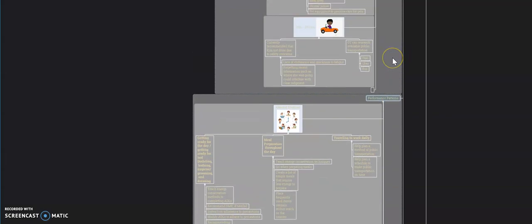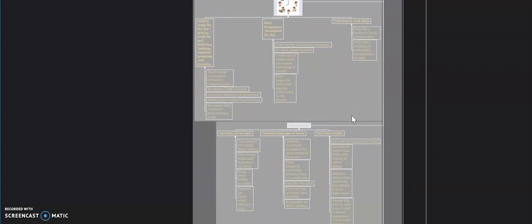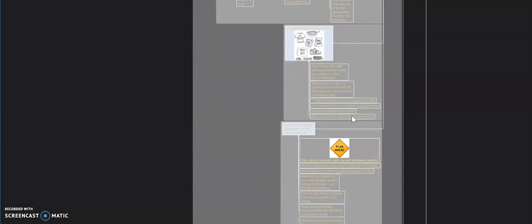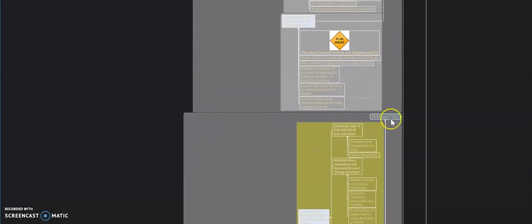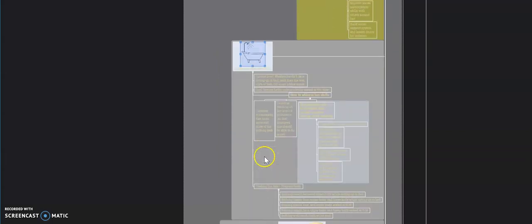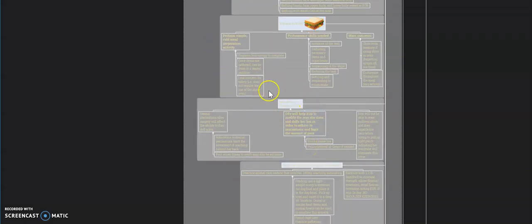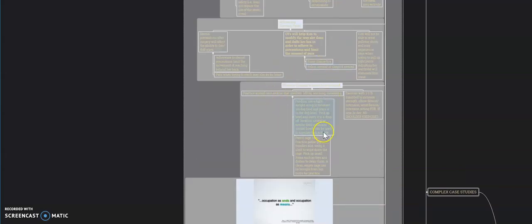They go into a lot of detail here, and just seeing their thought processes can really help you study. You can see they go through a lot of stuff here, and then right here is where they start going through what they would do with the case study, like bathing skills, kitchen activity, addressing dressing tasks, exercise.